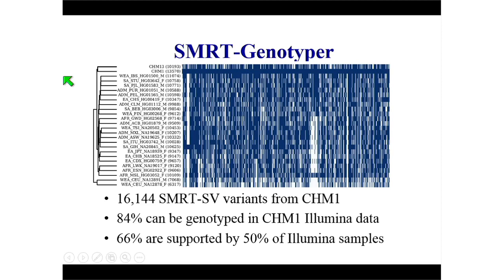And you can see the CHM1 PacBio data against CHM1 Illumina. About 84% of the data can be detected, and we think genotyped, within Illumina data. And of the variants that we discovered, 66% of them are supported by 50% or more of Illumina samples. So we can detect presence or absence of that structural variant now that we have the alternate allele sequence.